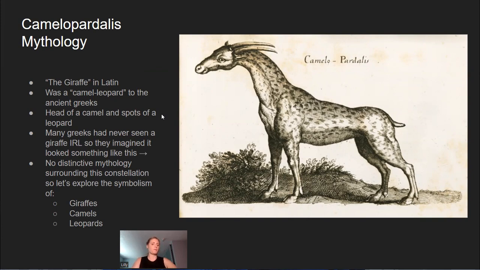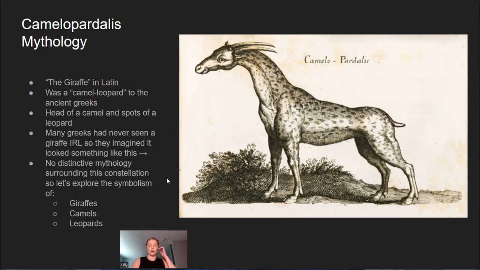They're just doing a bunch of stuff back then, I guess. So head of a camel and spots of a leopard. Many Greeks had never seen a giraffe in real life, so they imagined it to look something like this. So they had never seen one. So it probably looks like this. This is what we're gonna draw it as, which is kind of hilarious. But there's no actual distinctive mythology surrounding this constellation.